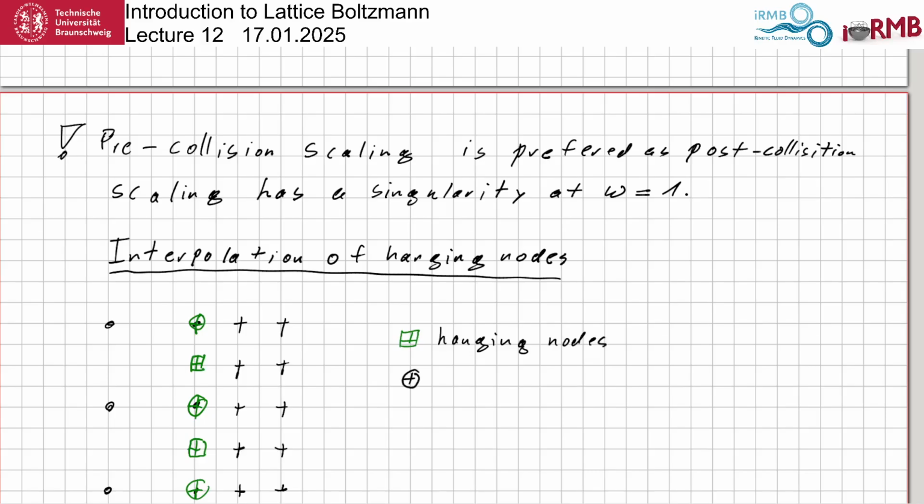And these guys are the overlapping nodes. At the overlapping nodes, we have to do temporal interpolation, but not spatial interpolation. No, in overlapping nodes, we do not need to interpolate in space, but we have to interpolate in time, because they don't have the same time step.